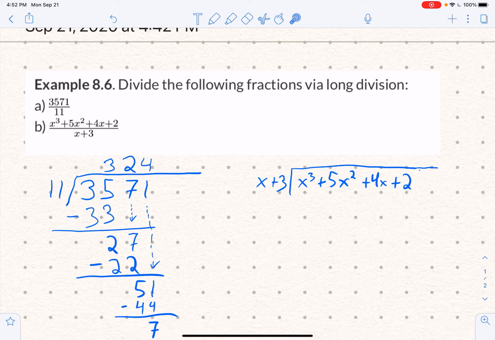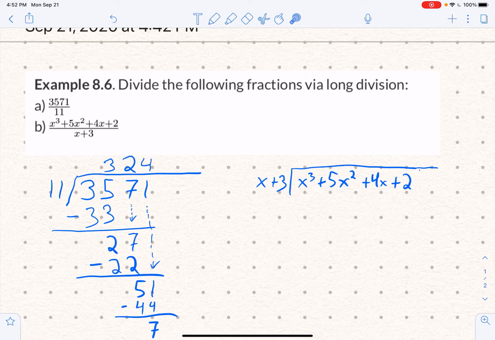Each term is a number and a power of x. So this is x cubed, that's a term. This is 5x squared, that's a term. This is 4x, and this is 2 as a term. So these terms play the role of our digits. All right, let's go ahead and do it.